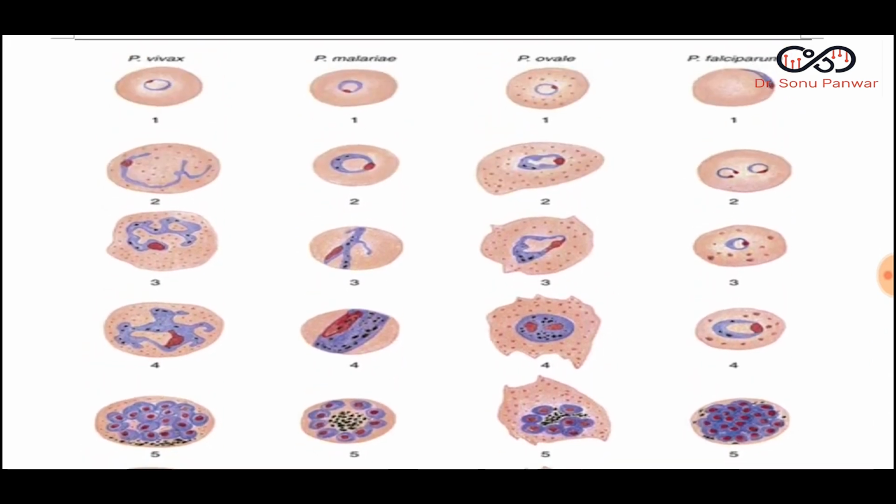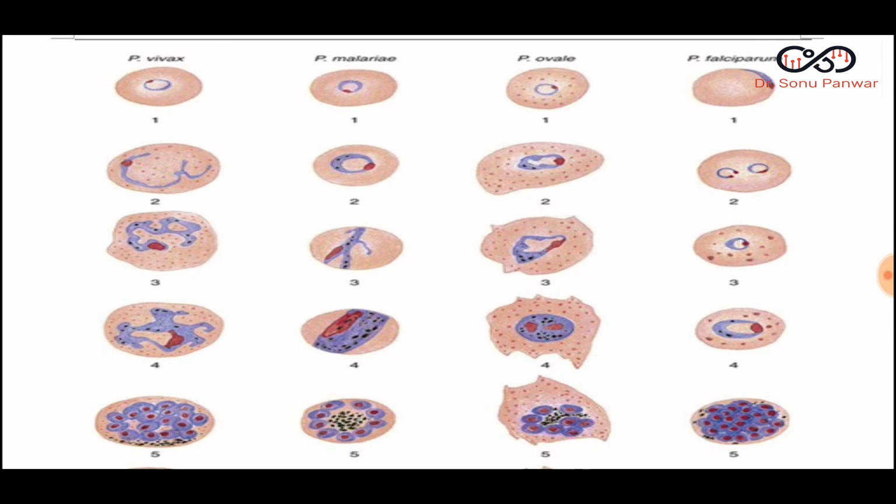Now coming to ovale, as you can see, the early trophozoite ring form has a slight dot, and that is what is known as James dot here. In the second one you can see the early trophozoite, and again remember there is a size increase. So remember, vivax and ovale have a large RBC.